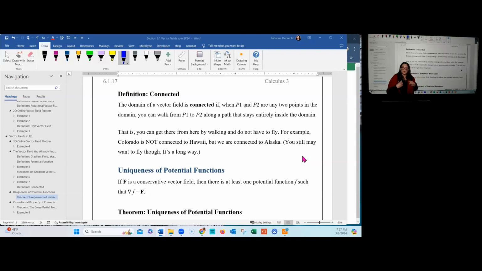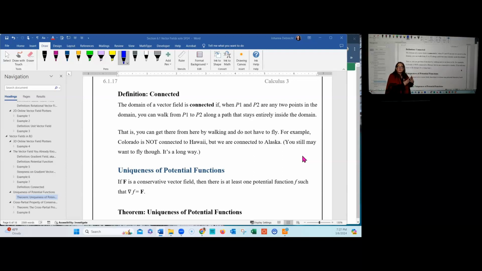Let's talk about what we mean when we say a domain is connected. When we talk about the domain of a vector field, we say it's connected if you have 2 points within the domain, and you can walk from point 1 to point 2 along some path that keeps you entirely inside the domain.